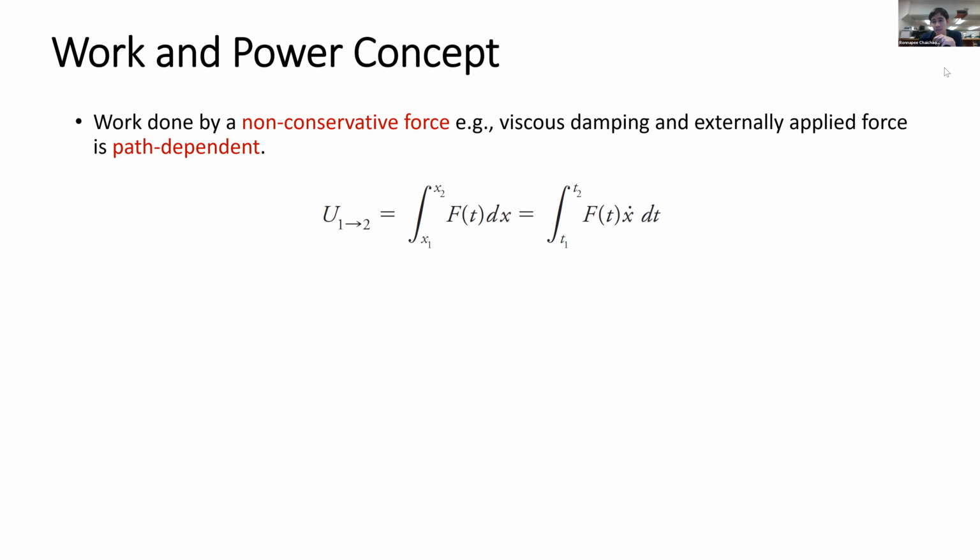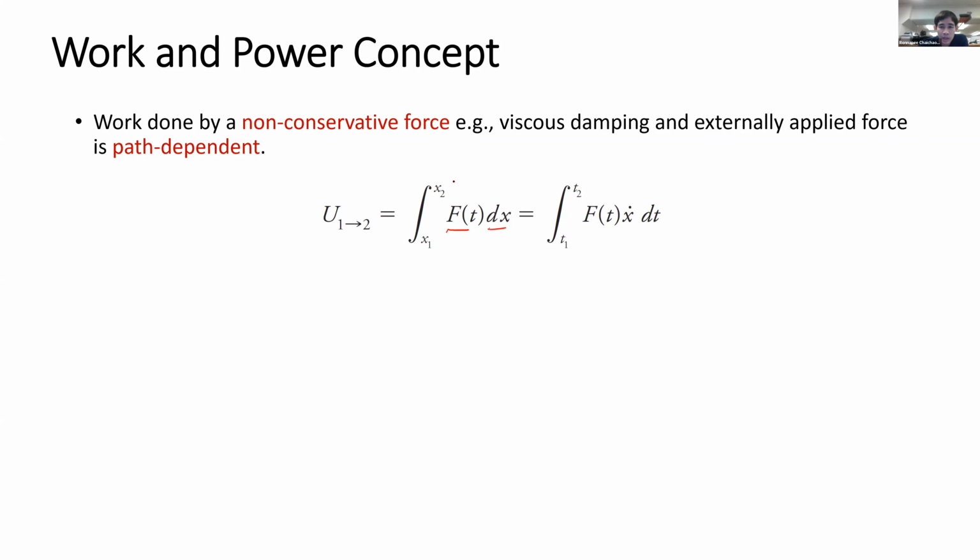This means that if we want to find the work, we need to do the integral of the force and the displacement, and it depends on the direction of the force and the direction of the displacement at any time along the path.